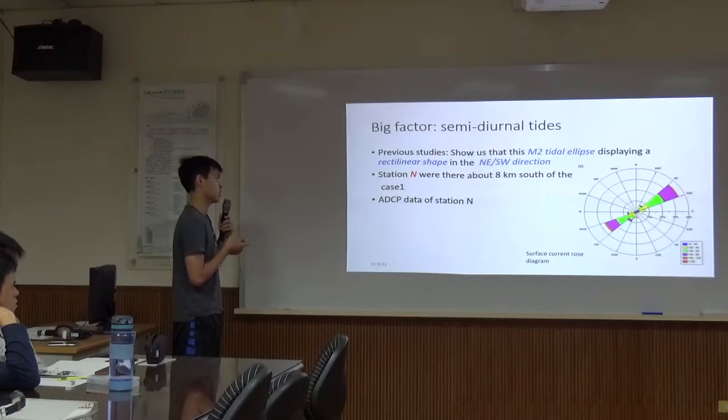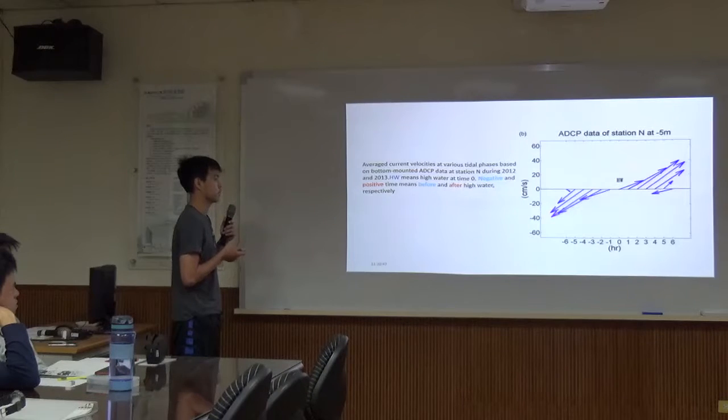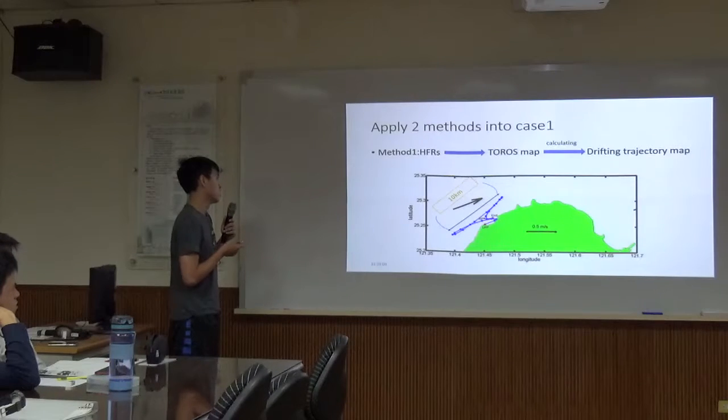A previous study shows us that the tidal ellipse is a linear shape in the NE-SW direction. Is this one. And this is a picture. Apply to mesoscale into case 1. Using the HFR data, we create the drift map and calculate.